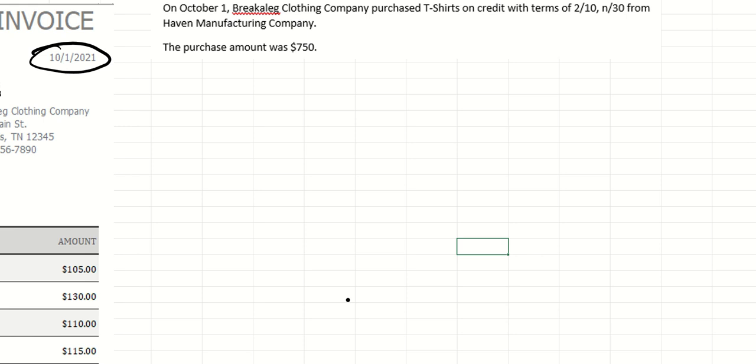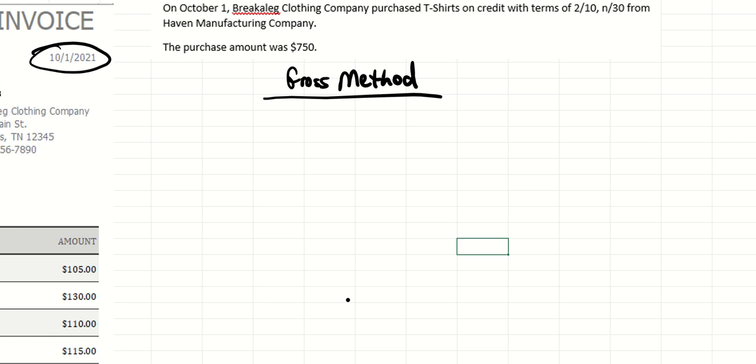this company is going to use what is called the gross method. Okay. So the usage of the gross method means that when the company makes the purchase of items, they're going to go ahead and record that initial purchase that was made on that date, excluding any discounts or any returns or allowances that may occur.